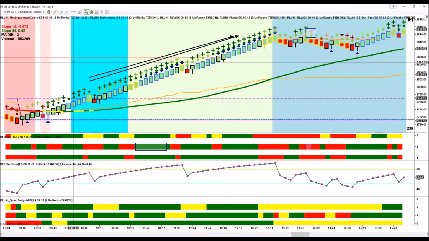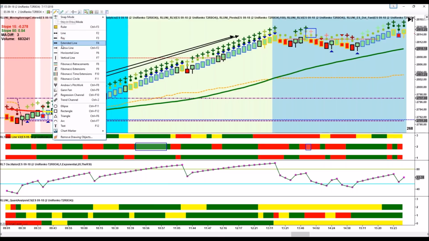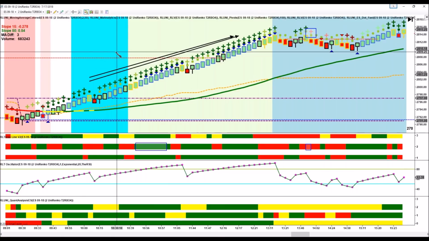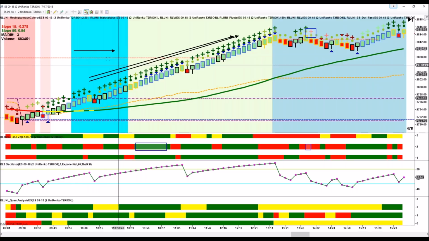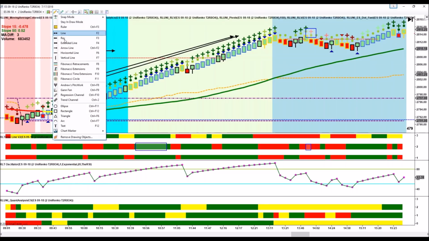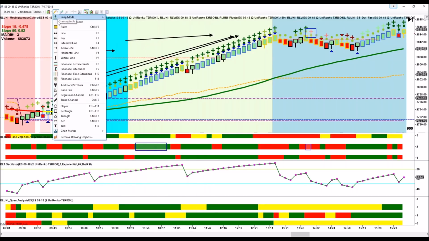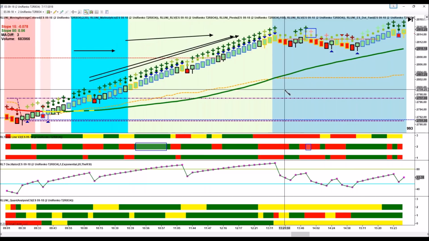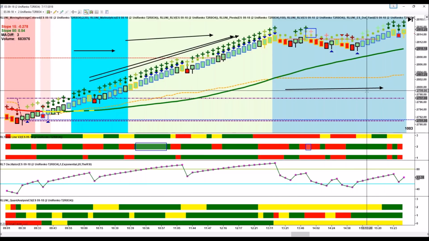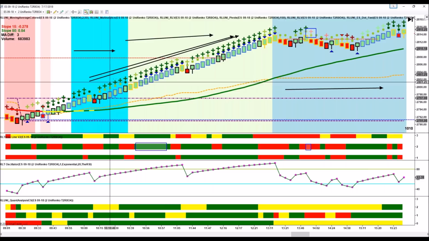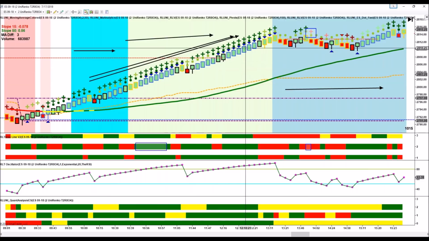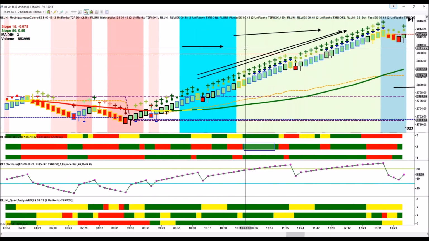What bias does is look at the multi-time frame assessment of the E-mini. So here's the second strongest. Here's the strongest stop. And here's the weakest stop. These three colors. When you've got this dark green, it's the best time to take a long.